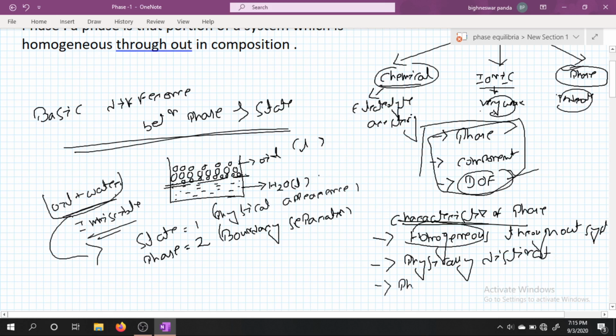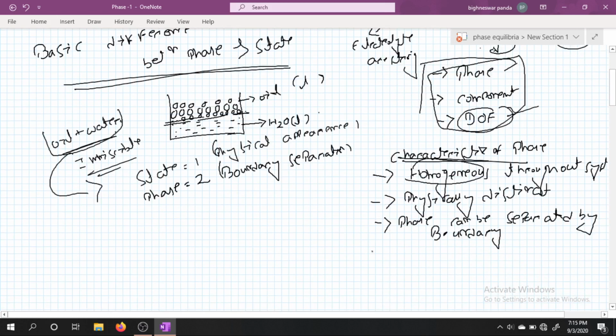Next, phase can be separated by boundary. Another important part: a boundary is of two types, one is real, another is imaginary. For a real boundary, consider a system.